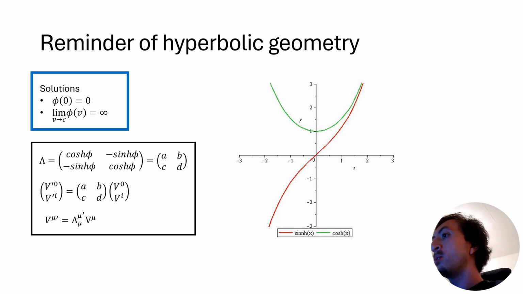The middle equation in the black box shows how this Lorentz transform has to relate the components of a 4-vector I call V in the non-prime reference frame to components in the prime reference frame, where the index 0 indicates we're talking about the time-like component, and the index i indicates we're talking about the space-like components of a 4-vector.